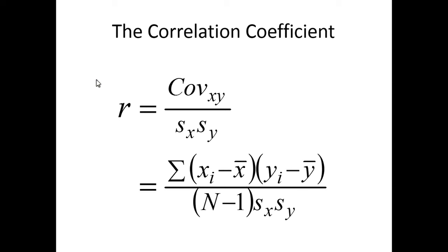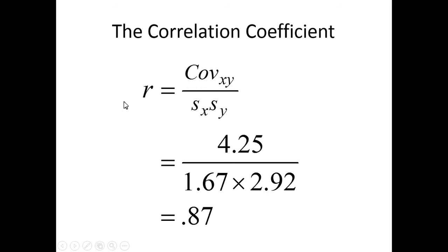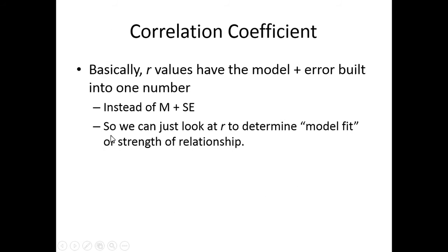So that's the math. That's kind of gross, but you divide by the standard deviation of x and the standard deviation of y together because I got two variables, and that is actually z-scores. So it's the z-scores multiplied by each other. So it is standardized.